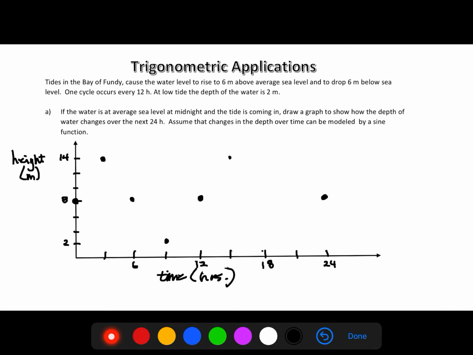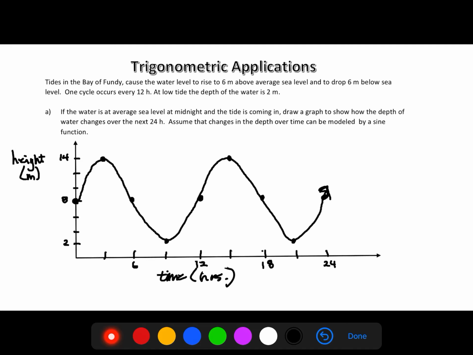As the tide goes out, it falls, gets back to the middle, or the 8, at 6 hours, and falls to the minimum of 2 meters at 9 hours, and it's going to do the same thing in our second cycle: max, back to middle, and down to the minimum.